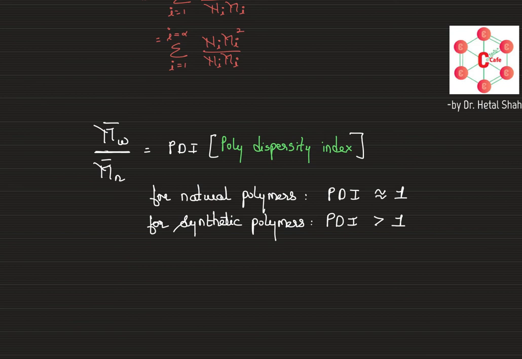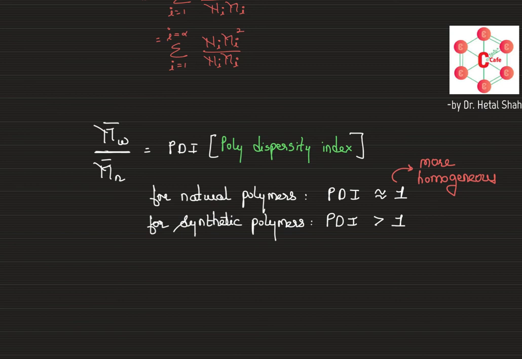Any polymer which has PDI close to 1, we call this more homogeneous. Okay, so that is how it goes. As we go close to 1, the polymer becomes more homogeneous, right? So homogeneity is more. That is what we say.